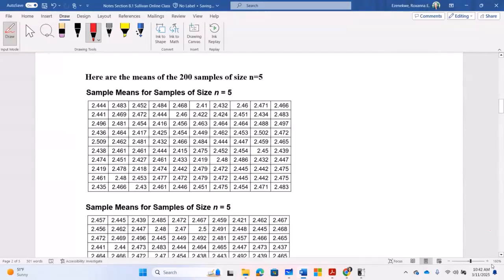When you finish, the mean of the distribution of means will be approximately equal to the mean of the original data.